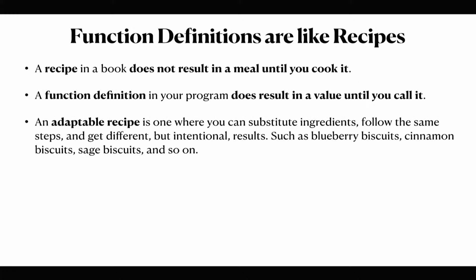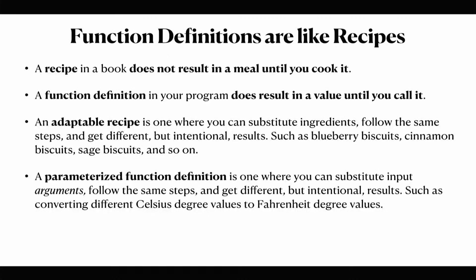Just like you can have adaptable recipes where you can substitute some key ingredients, follow the same steps, but intentionally get something that's similar but a different result. You know, blueberry biscuits, cinnamon biscuits, sage biscuits. You're substituting some key ingredients there, but following similar sets of steps. With a parameterized function definition, which is a fancy academic $5 word, right? Parameterization is the notion of having that degrees parameter.